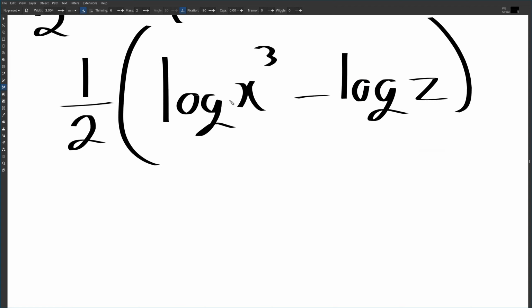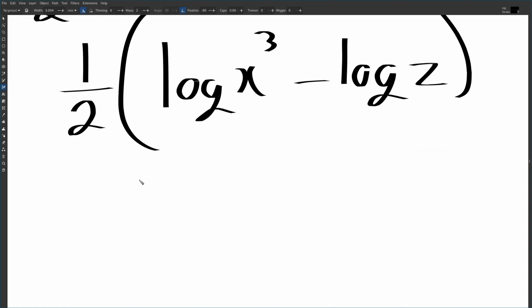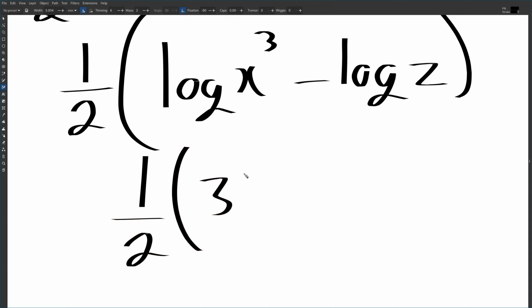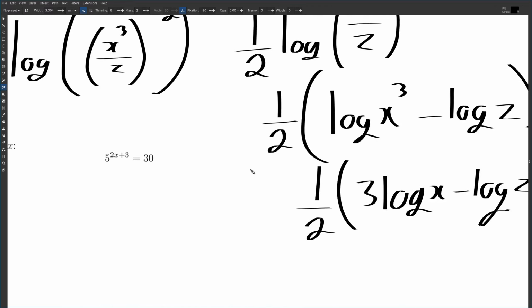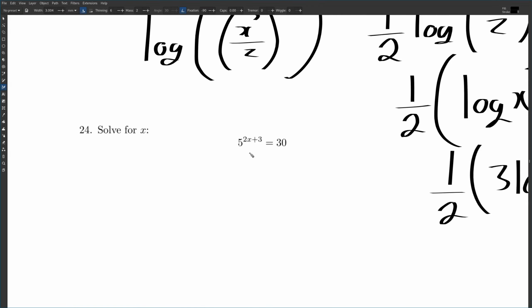And again, we can break down this x cubed as 1/2 times 3 log x minus log z, and we're done. You can distribute the 1/2 if you want. I think it's preference here since it's a fraction. Okay, now we're going to cover exponential equations.